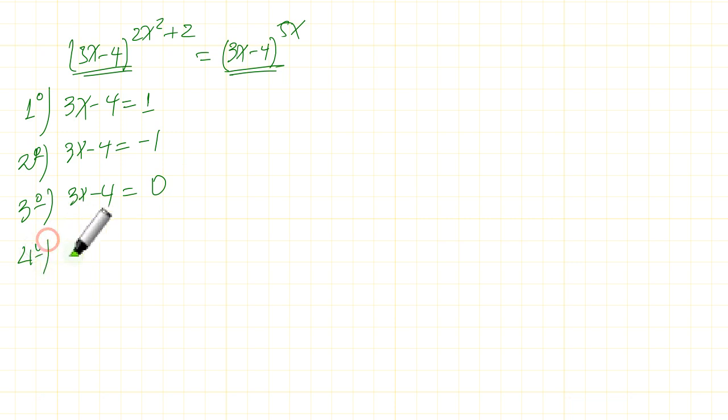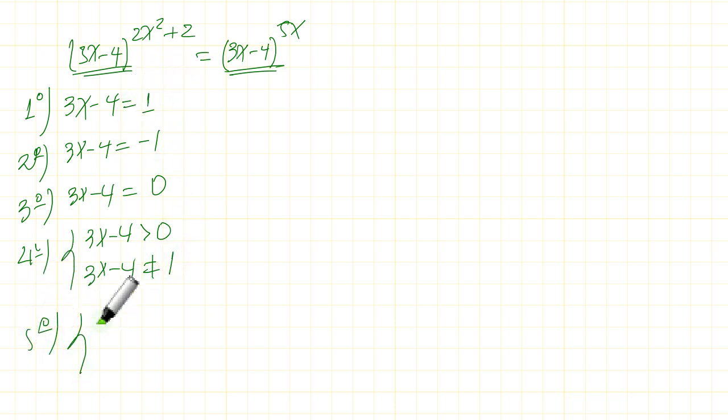Fourth one is going to be when 3x minus 4 is greater than 0 but also different from 1, because we already have 1 here. And the fifth one will be when 3x minus 4 is less than 0 and 3x minus 4 is different from -1.